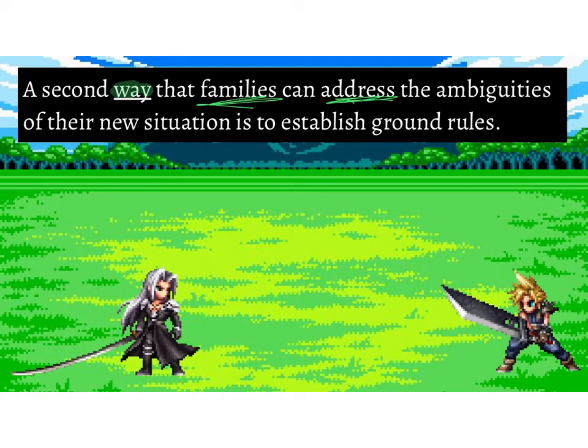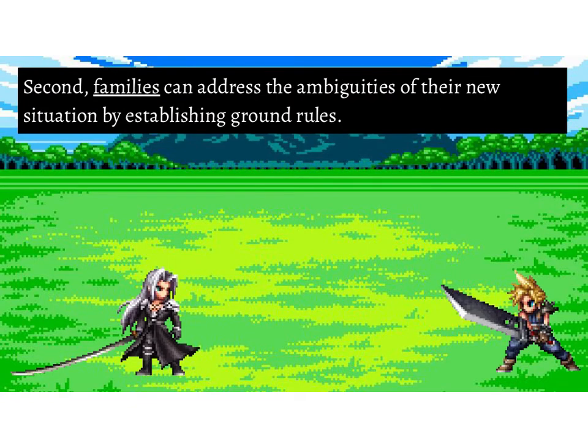So I'm just going to make that the subject of the sentence, and then I'm going to edit this phrase. Instead of the second way that, I'm going to find a different kind of transition. So instead of saying the second way that, I'm just going to use second as my transition, and then I've got families as the subject can address. Again, subject and verb right next to each other.